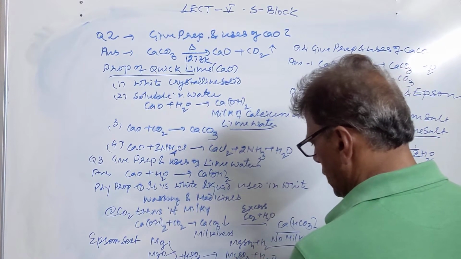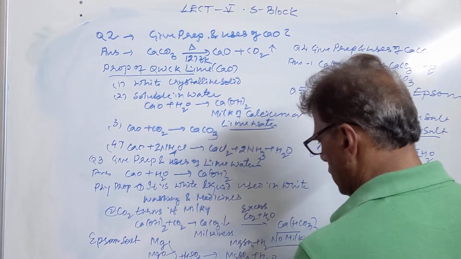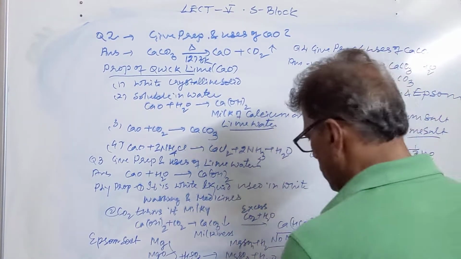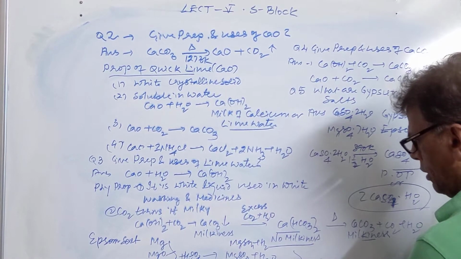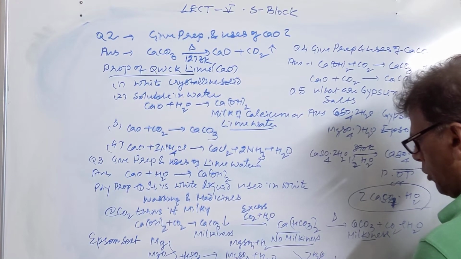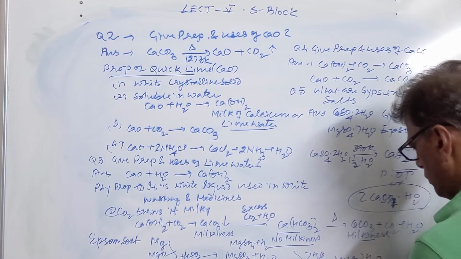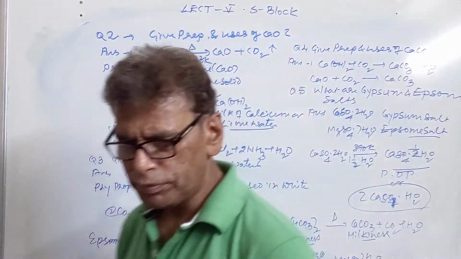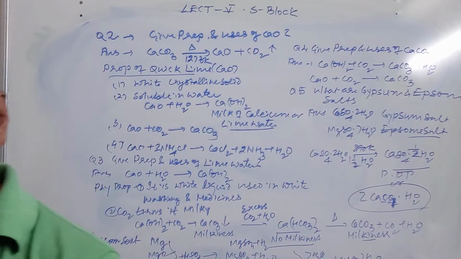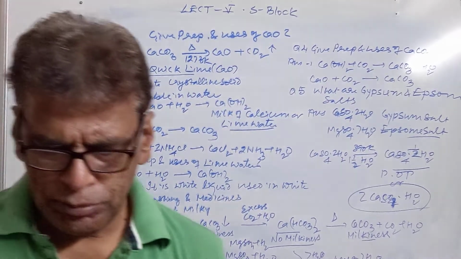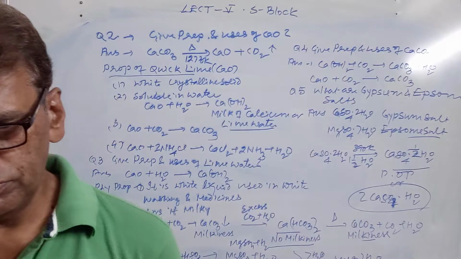In the last case, you get MgSO4 plus carbon dioxide plus water. So this is Epsom salt. On crystallization, it takes up 7 water molecules and forms Epsom salt. It is used for agricultural purposes and in the preparation of organic compounds.